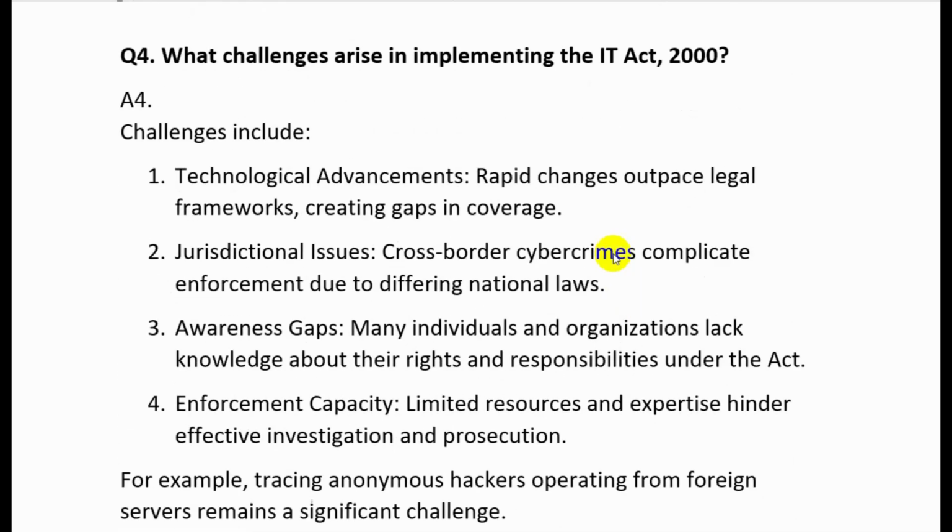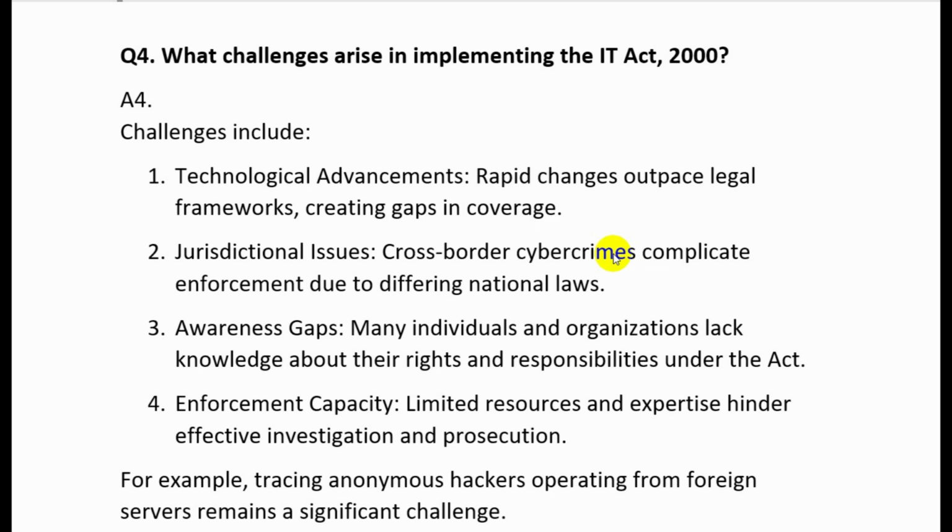Next, what challenges arise in implementing the IT Act of 2000? The main challenges are technological advancement, because of which the legal framework is always behind the rapid changes in technology, thus creating gaps in coverage. Jurisdictional issues: cross-border cybercrimes complicate enforcement due to differing national laws.